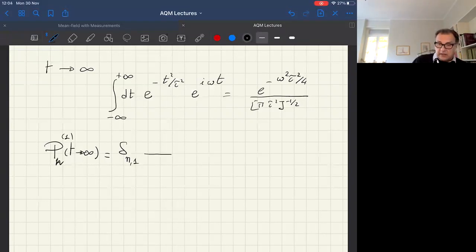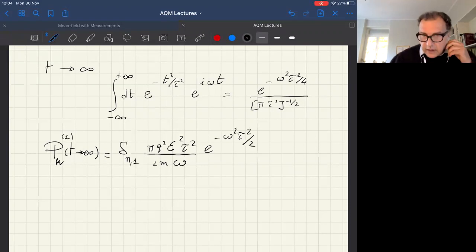Then I have some coefficients which are not very important for me, but I will comment on this: tau squared over m omega. All this m omega comes from the L, okay, the oscillator length, and then I have e to the power minus omega tau squared over 2.